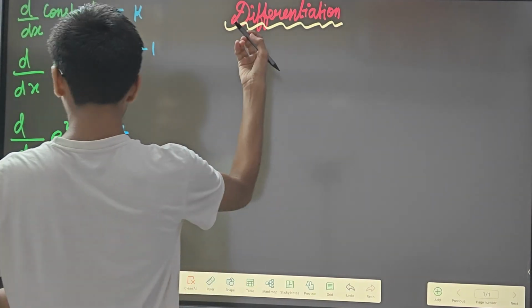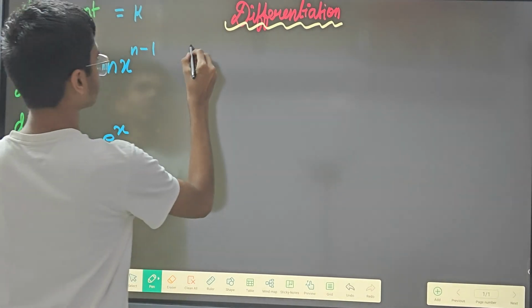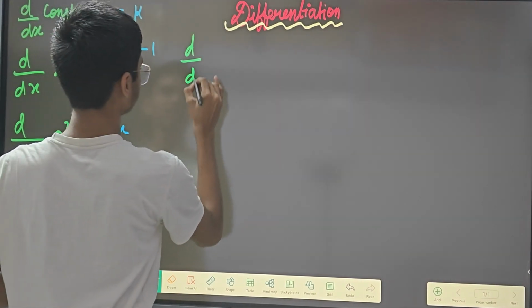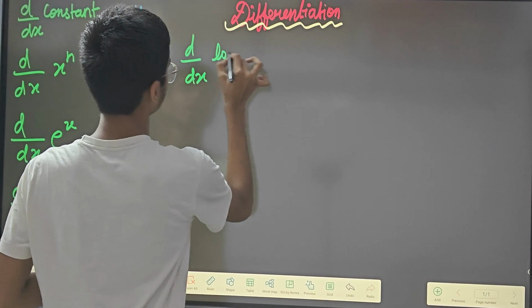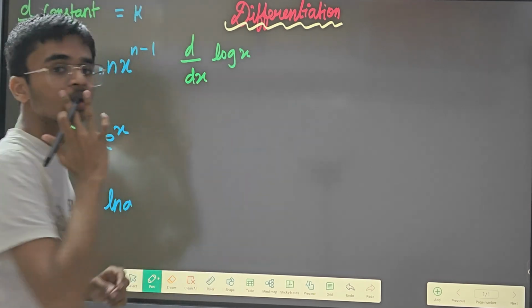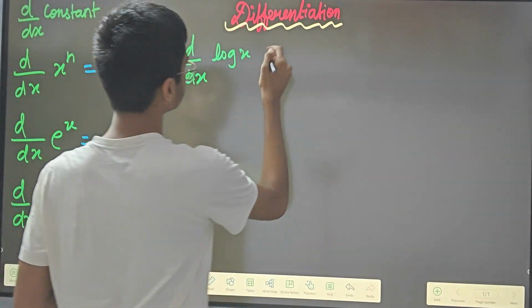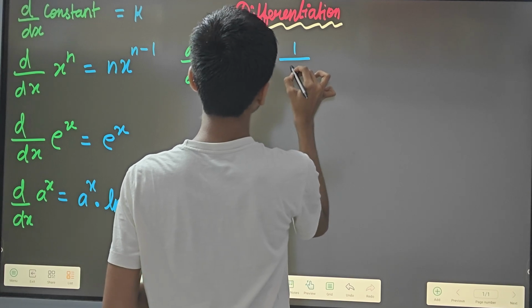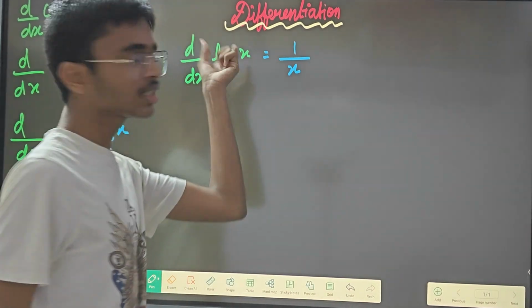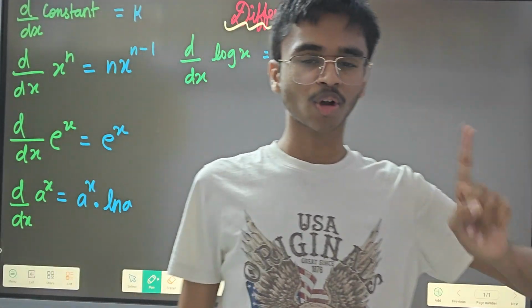Then d by dx of log x is equal to 1 by x. Not only x, it can be anything other than a constant.